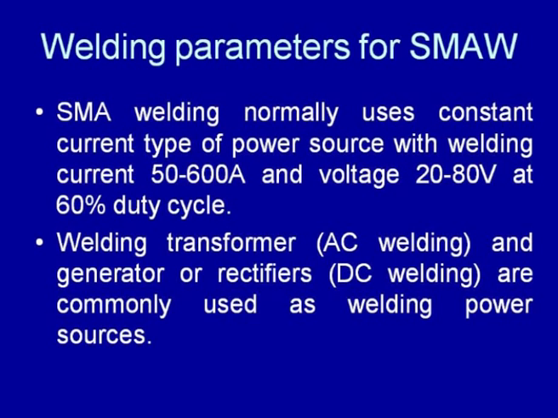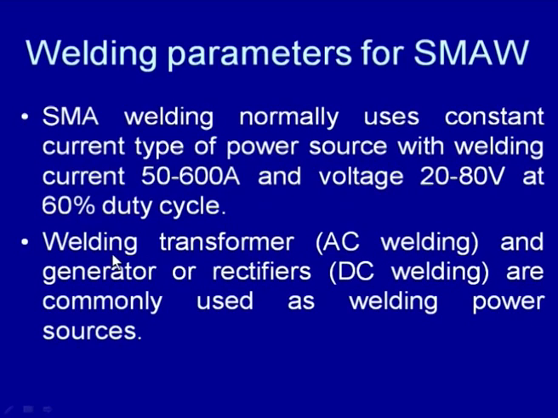Higher open circuit voltage is normally set for electrodes which are either bare or have a low percentage of low ionization potential elements. So, depending upon the kind of electrode coating composition, we can work in the range of 20 to 80 volts, and it is common to work with a 60% duty cycle, meaning we can perform welding for 3 minutes in a 5-minute weld cycle time.